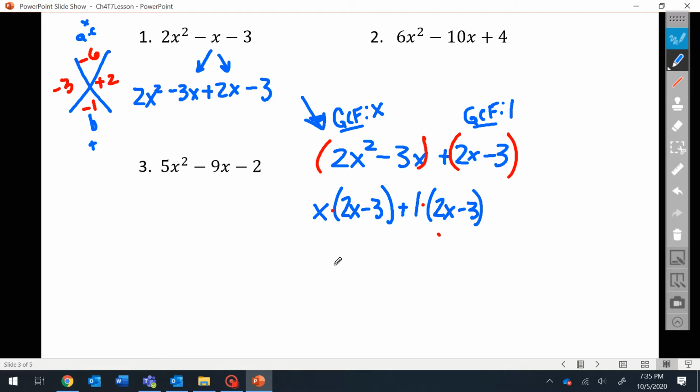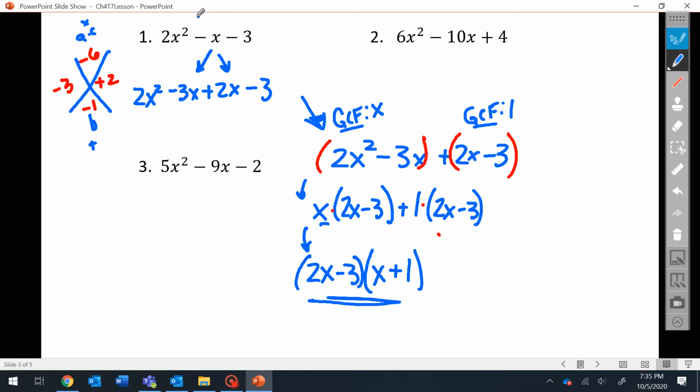So I can factor out 2x minus 3, and what I'm going to be left with is x for the first term and 1 for the second term. So the factored form would be 2x minus 3 for the first factor and x plus 1 for the second factor. So 2x squared minus x minus 3 factors into 2x minus 3 and x plus 1.